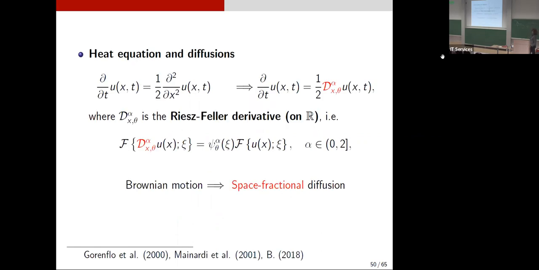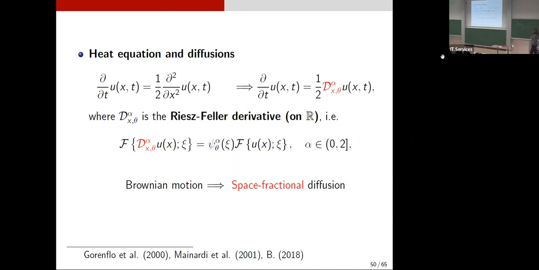Another way of introducing non-local operators in the heat equation is, as I said at the beginning, by replacing the second order derivative by means of this Riesz-Feller derivative. As I said, this is the definition of the Riesz-Feller derivative here. For alpha equal to 2, this derivative coincides with the second order derivative, and then we are back to the standard setting.